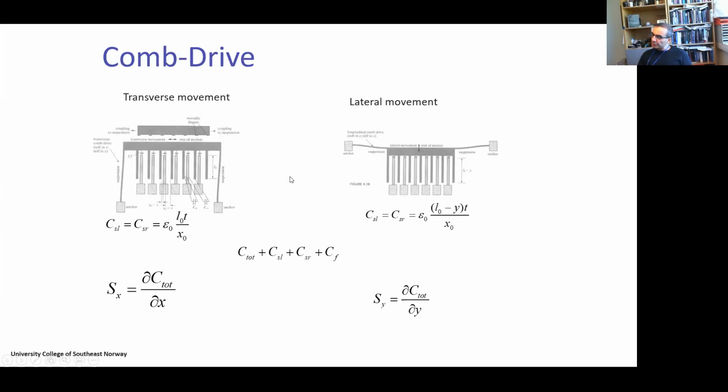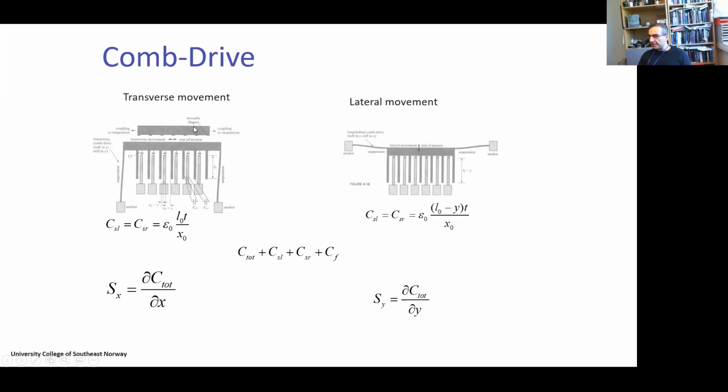So comb drives, which are the normal type of capacitive sensors in microstructures, especially when we make accelerometers, are made in this way. We have some fingers which are not movable, and we have a set of fingers which move. Which way they move depends on how they are anchored.